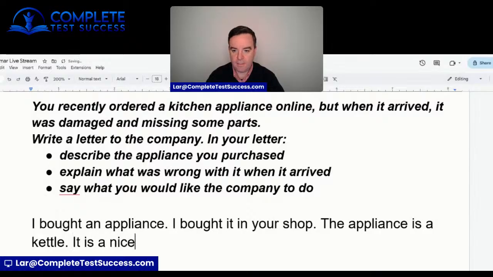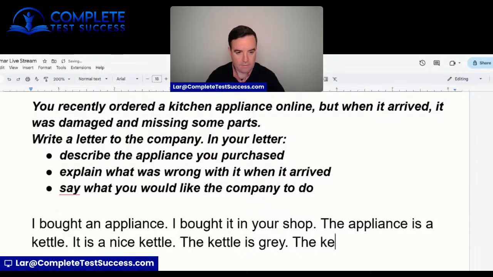It is a nice kettle. The kettle is grey. The kettle is made by ABC company.